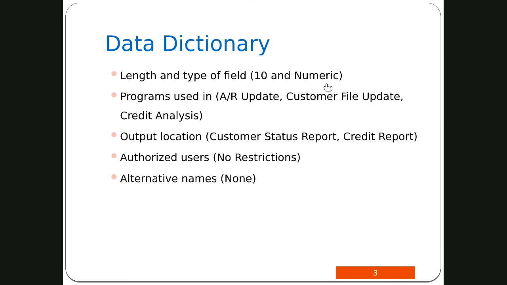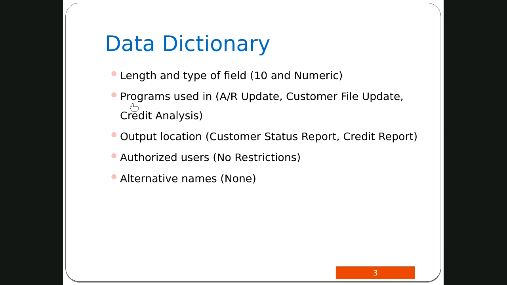For example, many of your user IDs at the university have some numbers as well as some letters, so they are alphanumeric. And this customer number in this data dictionary has 10 digits, and it's all numbers, so there are no alphabets in here.